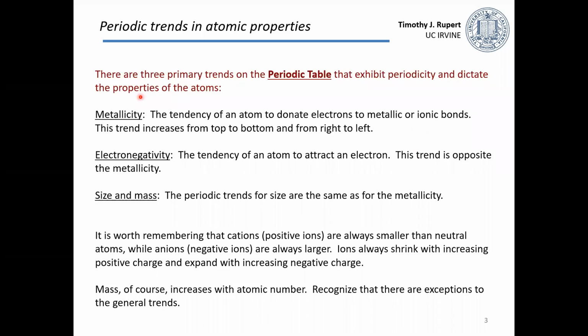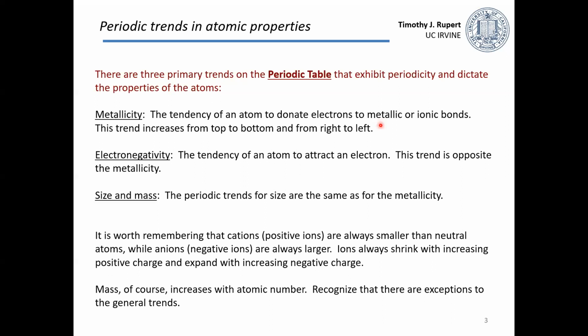The first is metallicity. This is the tendency of an atom to donate electrons to metallic or ionic bonds. Generally this trait increases as we go from top to bottom or from right to left. We can also think about the electronegativity. This is the tendency of an atom to attract an electron, and generally this trend goes the opposite of the metallicity.